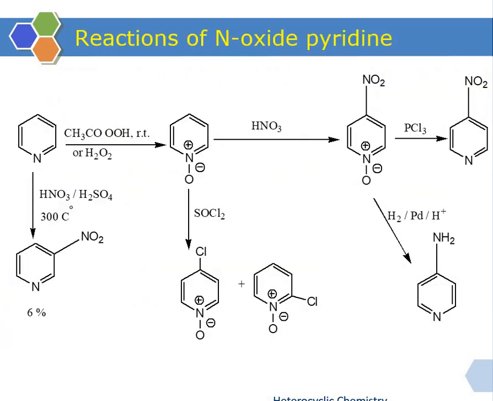You can see pyridine reacts with peroxide to give the N-oxide, which undergoes nitration to give the 4-nitro group, and with PCl3 gives 4-nitropyridine. The same applies for 4-aminopyridine, and these two products, 2-chloro and 4-chloro, and here 6% 3-nitropyridine.